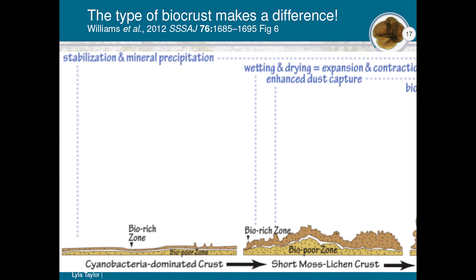And now we come to, the same paper actually has the Bayeux Tapestry of cryptogamic covers, in my opinion. It's a fantastic figure. So they're showing also that a cyanobacterial dominated crust is going to be quite thin and flat.